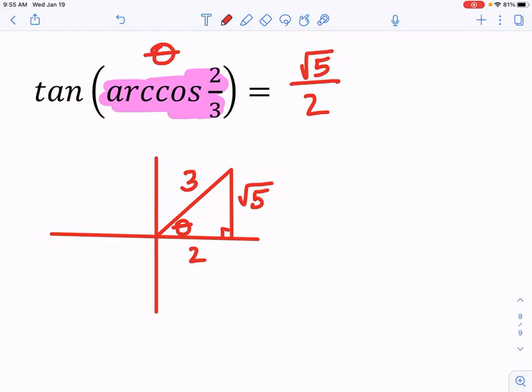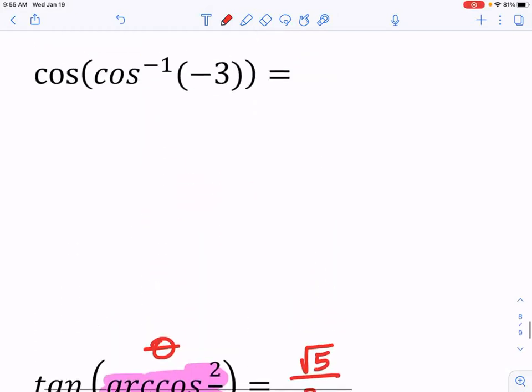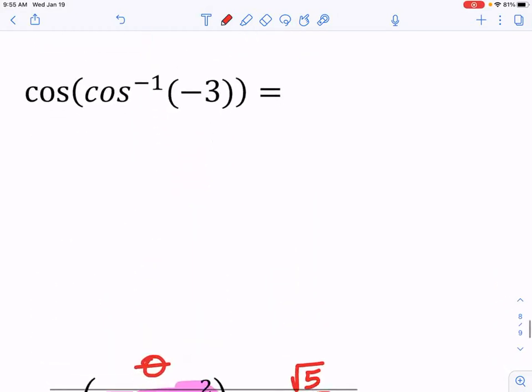How's that sound? One last example. Don't think too hard.